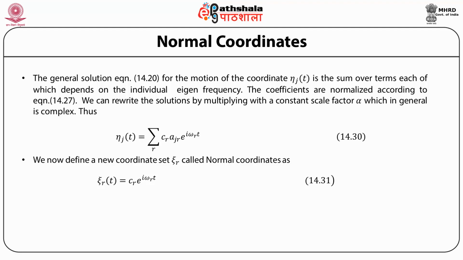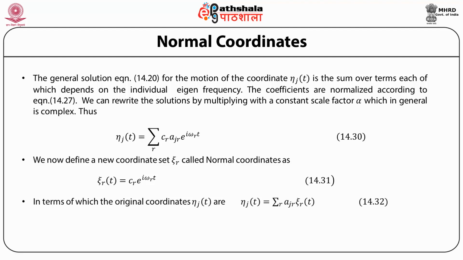So we can write this generalized solution eta_j as sum over r of c_r a_jr e to the power i omega_r t, and with this we can define a new coordinate xi_r, called the normal coordinate, as xi_r is equal to c_r e to the power i omega_r t, in terms of which the original coordinate eta_j becomes sum over r of a_jr xi_r(t).